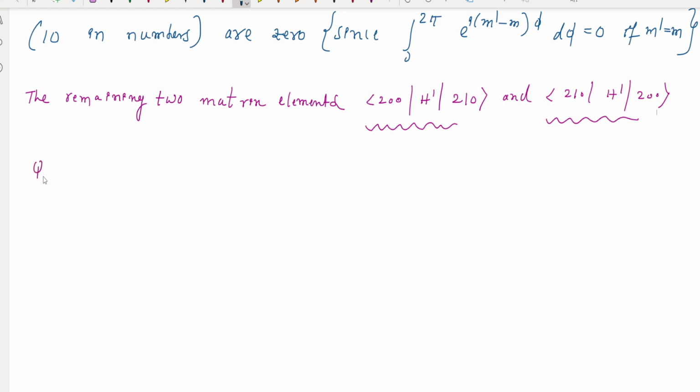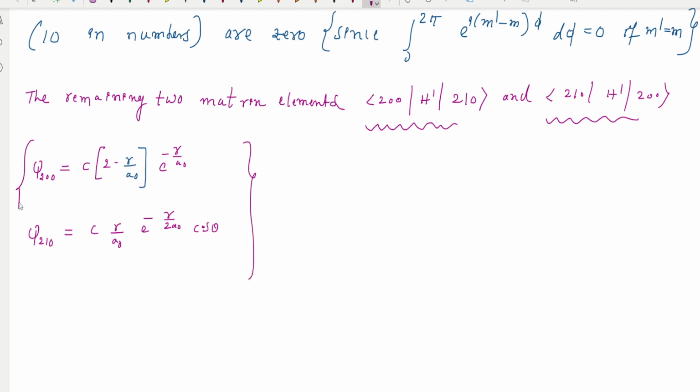So we want the 200 wave function, which is 2 minus r divided by a naught times e to the power minus r divided by a naught, and the psi 210 wave function is C times r divided by a naught times e to the power minus r divided by 2a naught times cos theta. These are the wave functions.